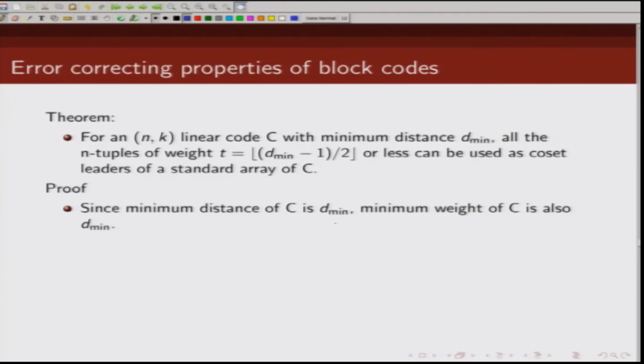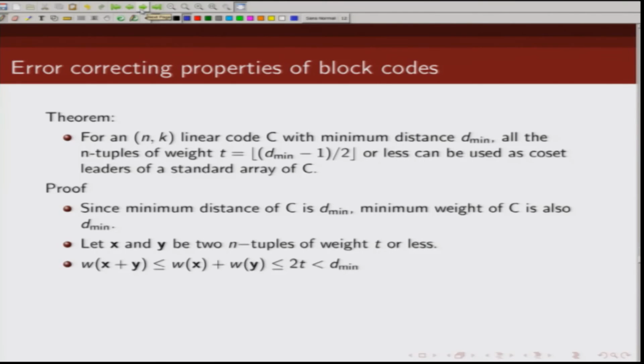So, minimum distance of a code is d min. So, minimum weight of the code is also d min. Let x and y be two n tuples of weight t or less. Now, weight of x plus y will be less than or equal to weight of x plus weight of y. Why?